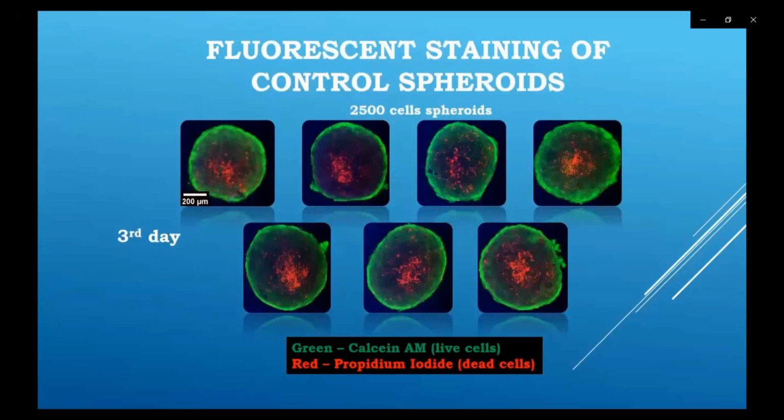We can see that the live cells are on the outside, the proliferating zone, which is true, and the dead cells are gathered in the center, which is the necrotic zone.